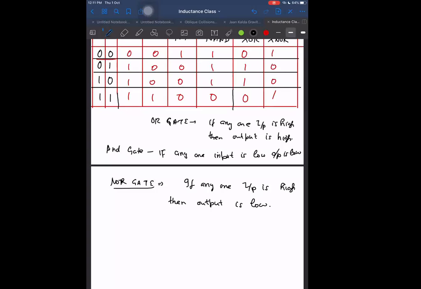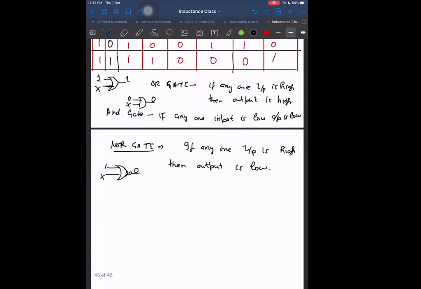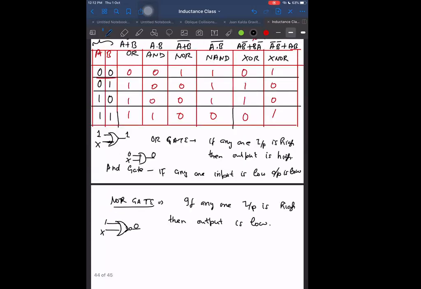Means I can say like this: any one input is high, make it 1, whatever other may be unknown, output will be 1. AND gate I can make like this: if one input is 0, whatever the other may be, x, unknown, output will be known, that will be 0. NOR gate I can make like this: if any one input is 1, then output will be 0, whatever the other is, x is unknown, we don't need x. That is NOR gate. Similarly you can define NAND gate also, but I'm coming to XOR.